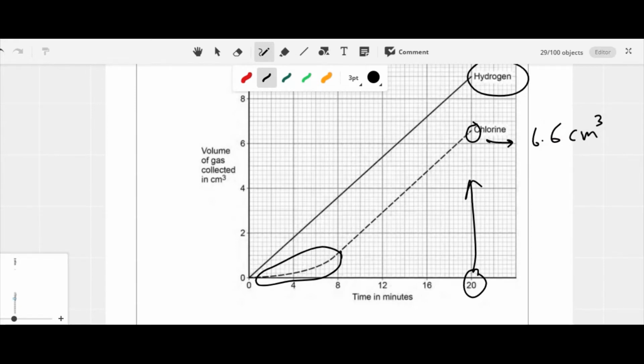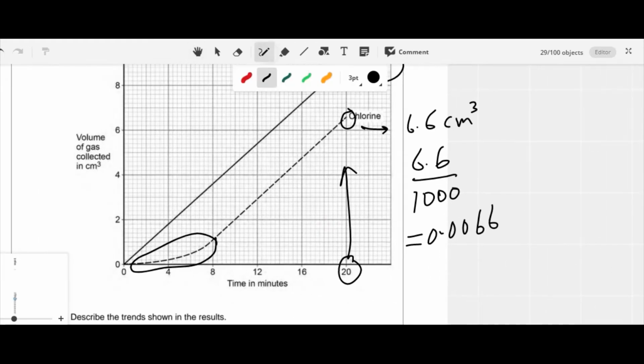First of all, we need to convert this into dm³. For that we divide 6.6 by 1000, and the answer will be 0.0066 dm³. So that is the volume of chlorine.